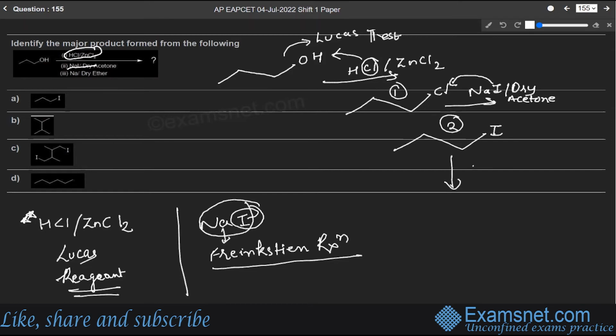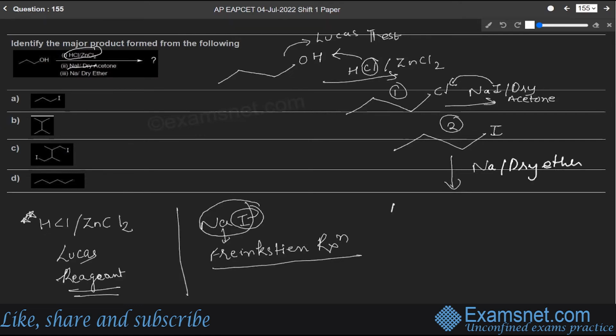Now the third reagent they have used is Na in dry ether. This is the third name reaction, Wurtz reaction. How do you solve the Wurtz reaction? Generally, the alkyl group given to you, you just have to double.